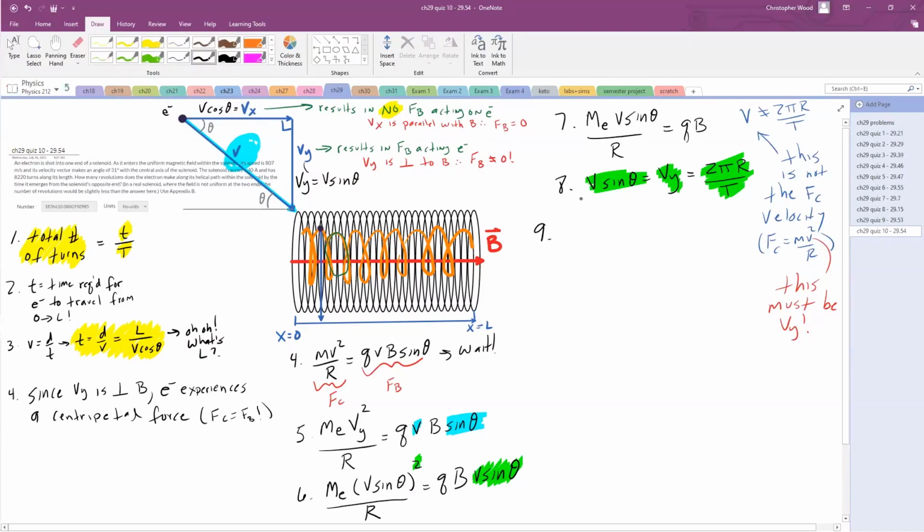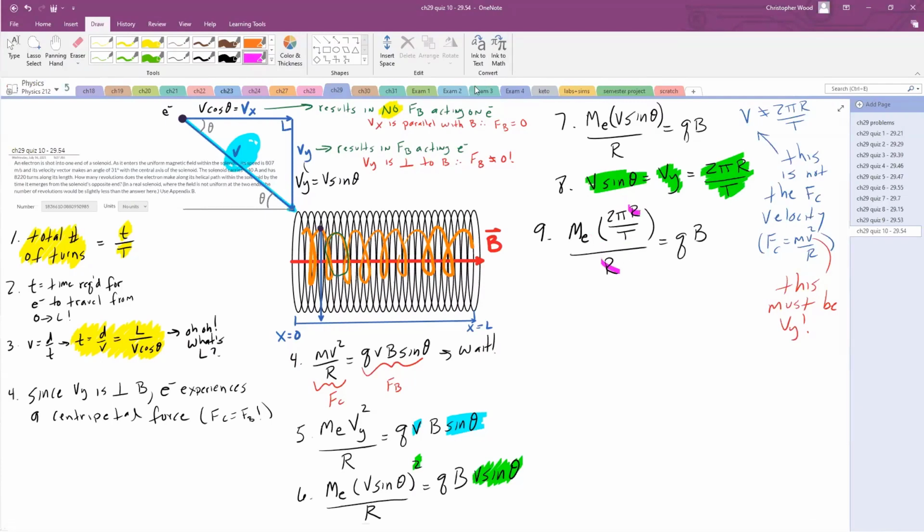So let's update. Here's my new number 7. Mass of the electron times velocity times v sine theta. So again, this is v sub y. I'm going to replace that with 2 pi r all over t. That's my numerator. Here's my denominator, and here's my right side. And you can see that this r cancels with this r.